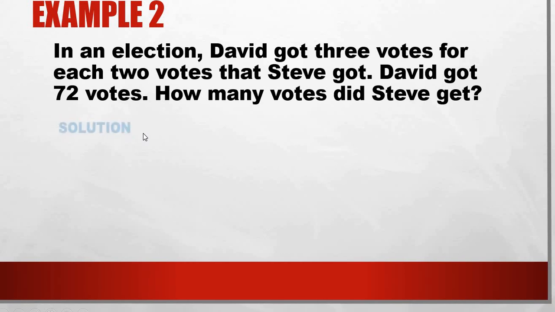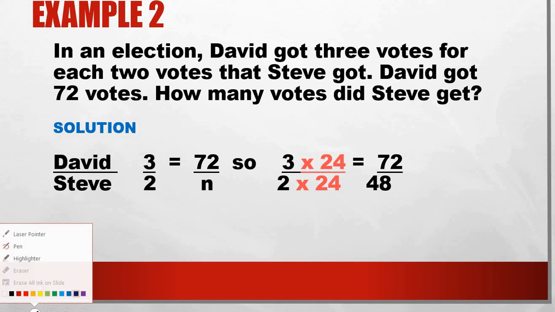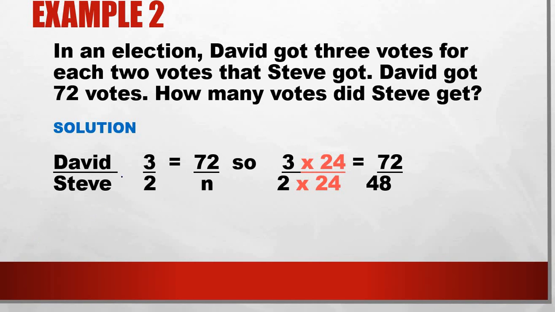So let's see. You can see for David, we are taking the ratio David to Steve. So we have 3 to 2. Let me get my pen. So for David, 3 votes count 2 for Steve. So if the total is 72, I will select the one for Steve, which we don't know, the n.